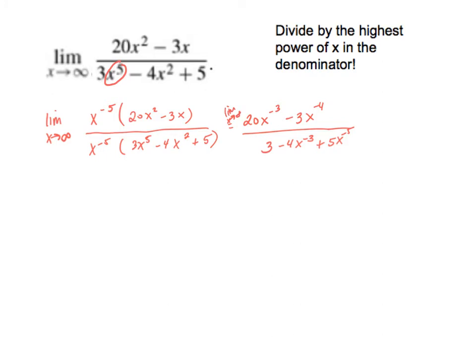Not always, but for right now, I'm going to rewrite this using fractions instead. So the rules that we just established, you're seeing negative exponents. Now we want to analyze what each of these terms becomes. Would they zero out? Would they go to infinity? Would they go to negative infinity? So I'm going to rewrite this as a complex fraction right now, just because I think looking at 20 over x cubed is a little bit easier to comprehend than looking at it as a negative exponent.